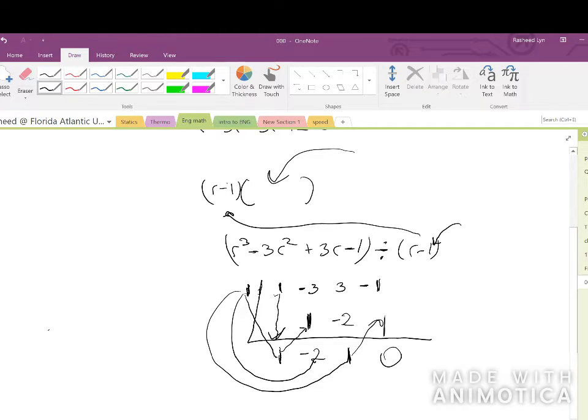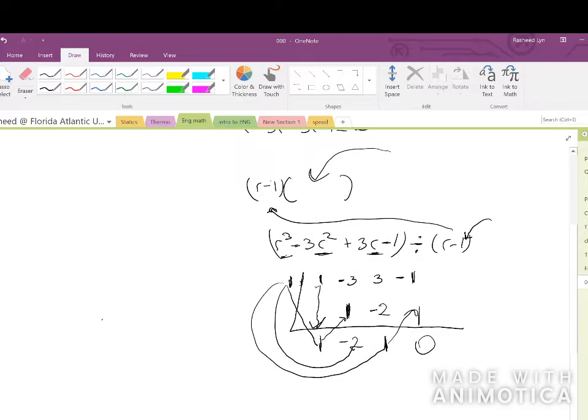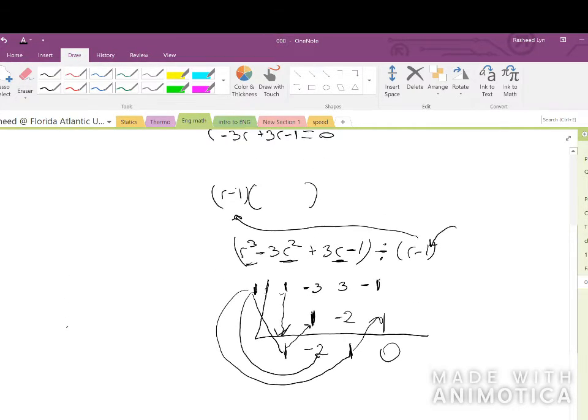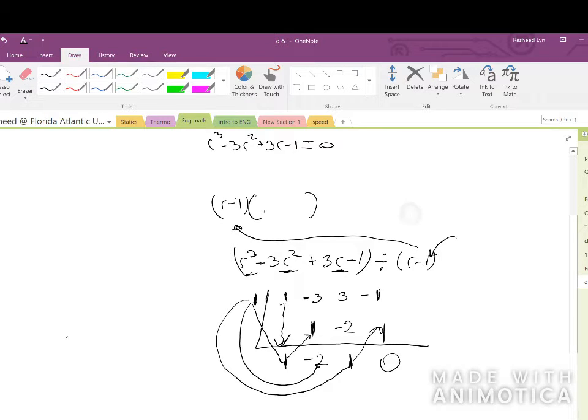When it began, this was r cubed, and this was r squared, r to the 1. I don't know if you can see my pen, but after you do your synthetic division, the degree of each r value will drop. So when you plug it back in up here, you'll have r squared minus 2r plus 1.